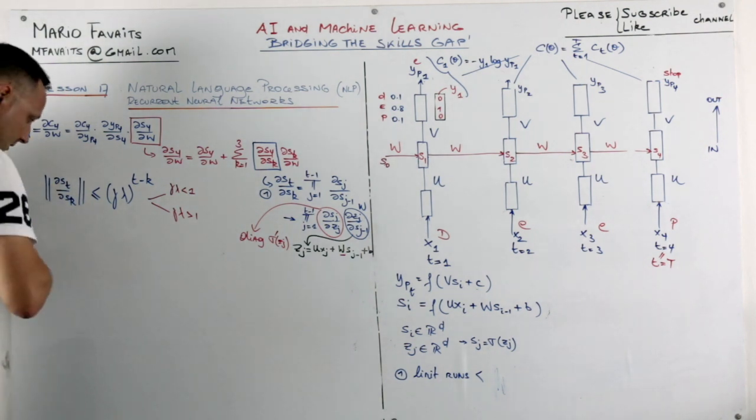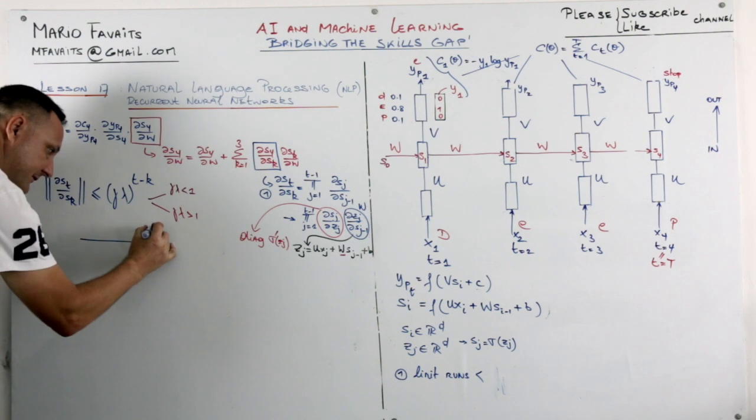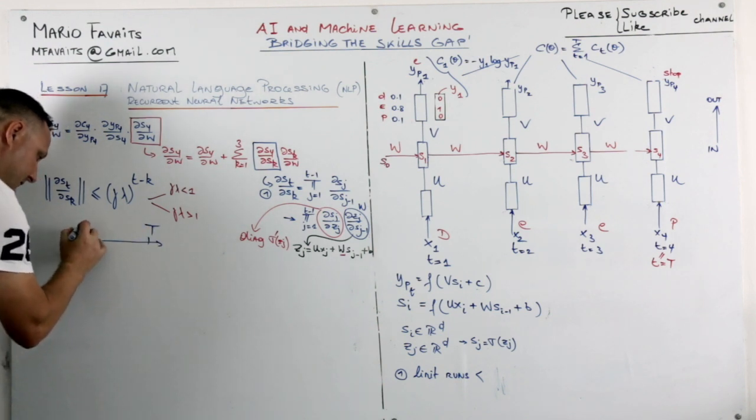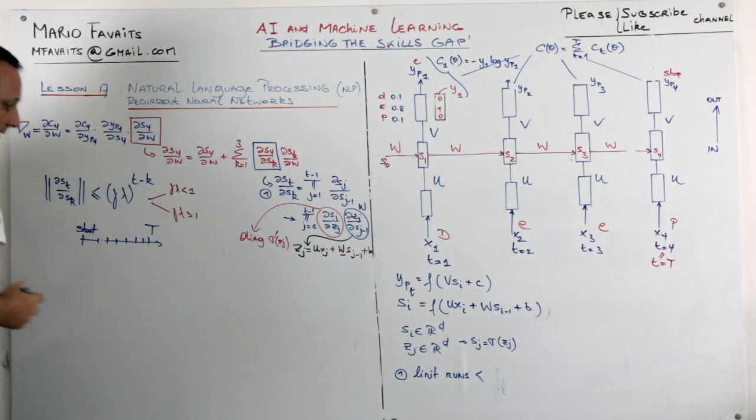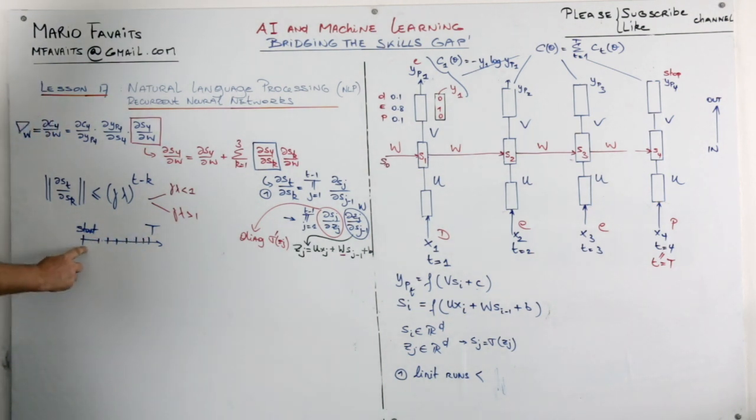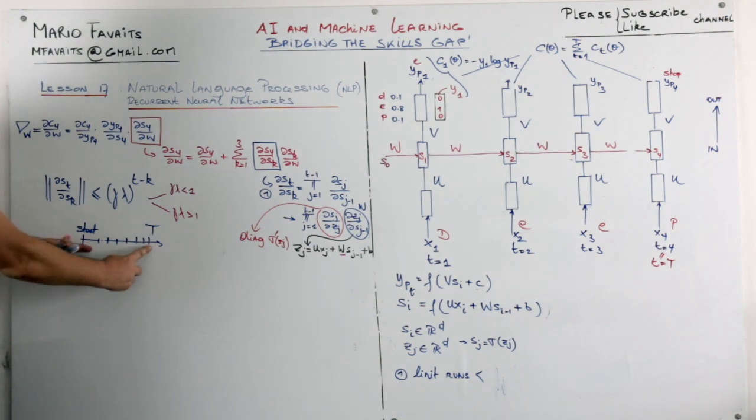Now remember, here we have t, and here you have your start, and here you have your k's. So if you go all the way back here, then of course you run that risk.